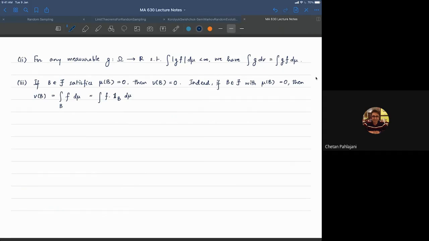Now, what do we know? We know that the measure of B is 0. In other words, this thing is going to be 0 almost everywhere, because the indicator of B is 0 almost everywhere. And now if I integrate a function which is 0 almost everywhere, I'm going to get 0. So if μ of a set is 0, then ν of that set is certainly 0. Any questions so far?